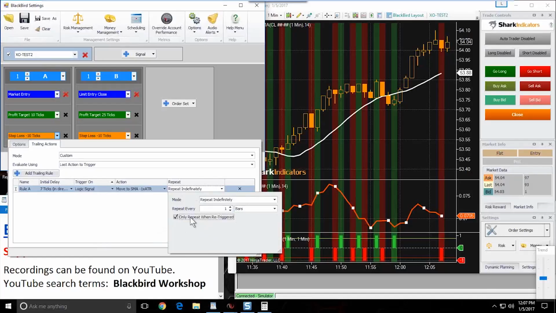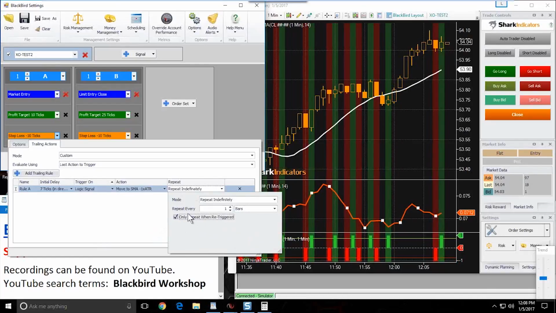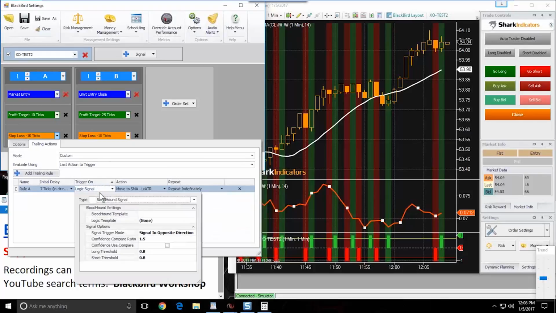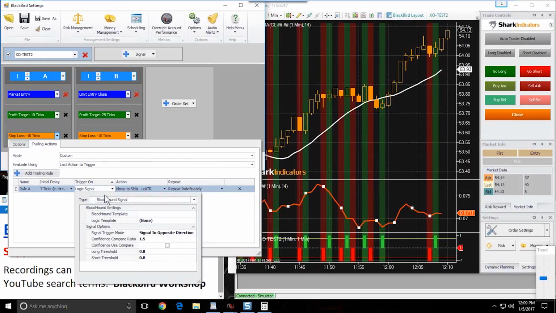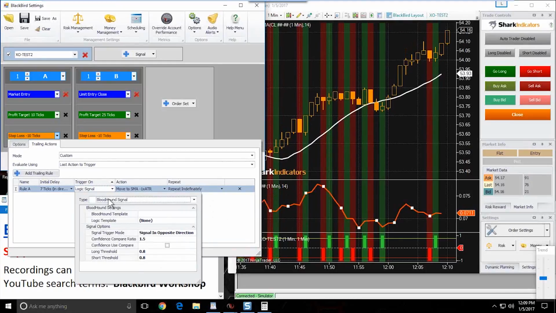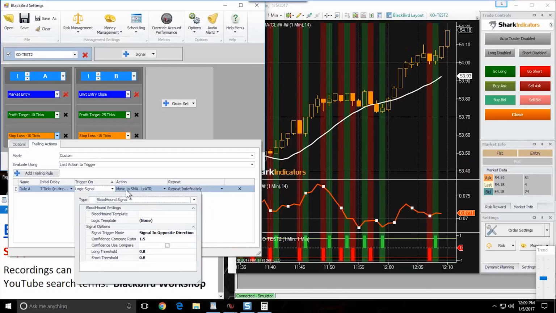If I select only repeat when retriggered, then the bloodhound signal has to trigger again. So if we're using repeat indefinitely with only repeat when re-triggered, what that means is we have to get a bloodhound signal every time for the action to move the stop loss.